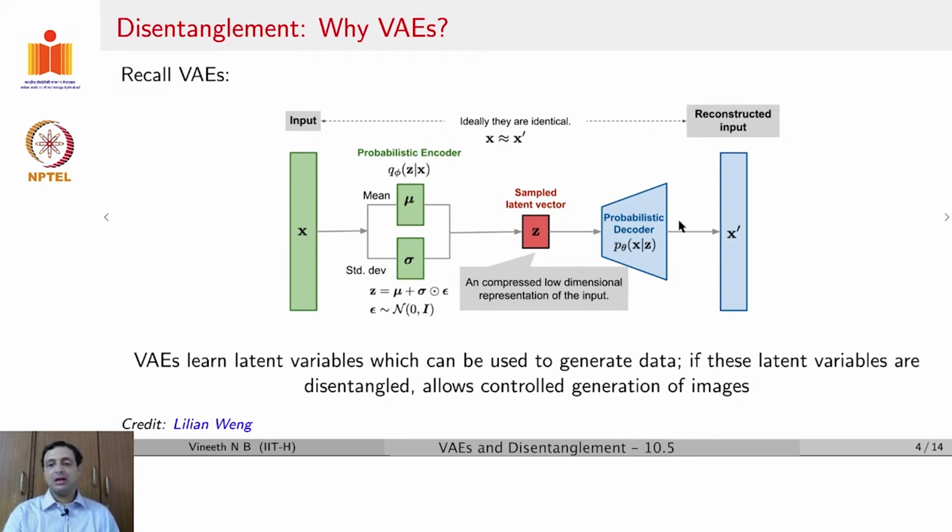The decoder reconstructs the data from that sampled vector. These latent variables here, which could be a vector of multiple dimensions, if they are disentangled, you can generate more controlled data. Obviously, VAE-GAN frameworks such as adversarial autoencoders can also benefit from disentangling this latent variable in a VAE.